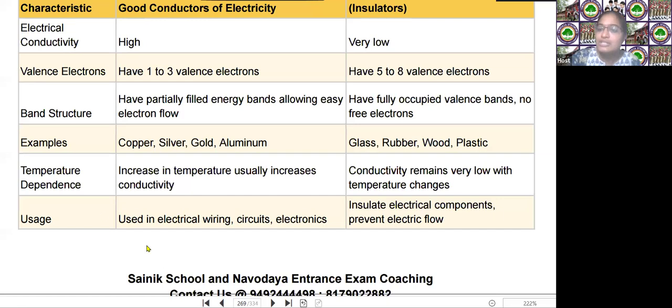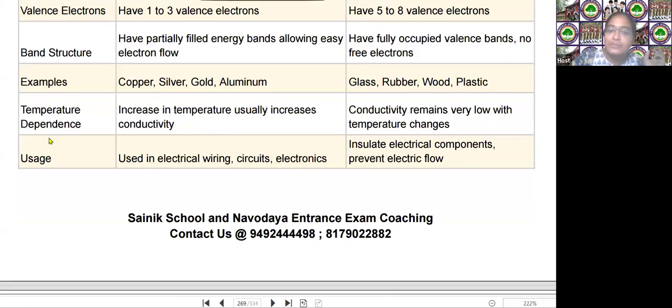And the insulators, whether you give a low temperature or a high temperature, have very low conductivity. Insulators have very low conductivity regardless of temperature change. And another one is uses. What are the uses of conductors?